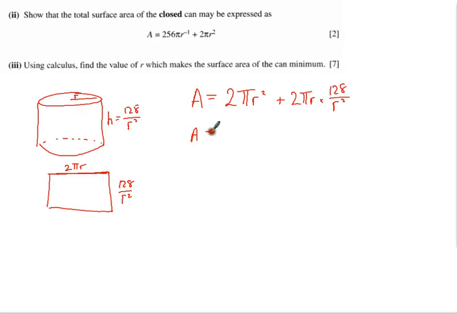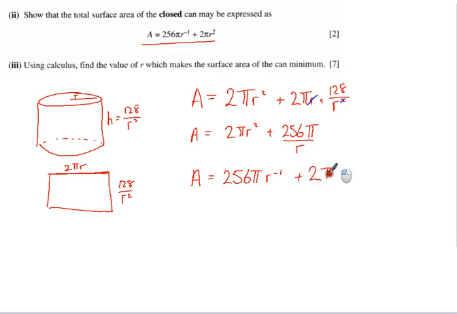So the area is 2 pi r squared plus, and the r squared will cancel with the r, and we get 256 pi over r. Just rearrange it slightly to make it look exactly the way they've given it. This is 256 pi r to the minus 1 plus 2 pi r squared. And that's exactly what we've been asked to show.